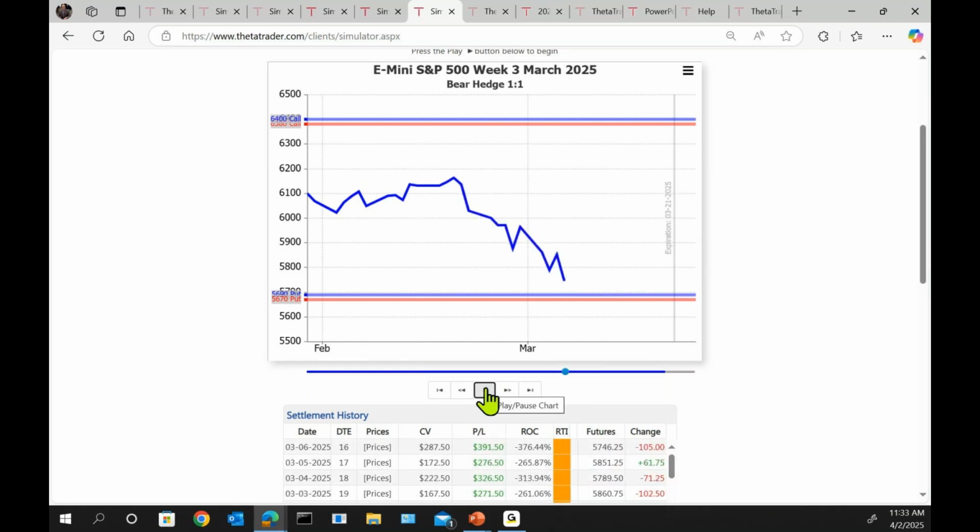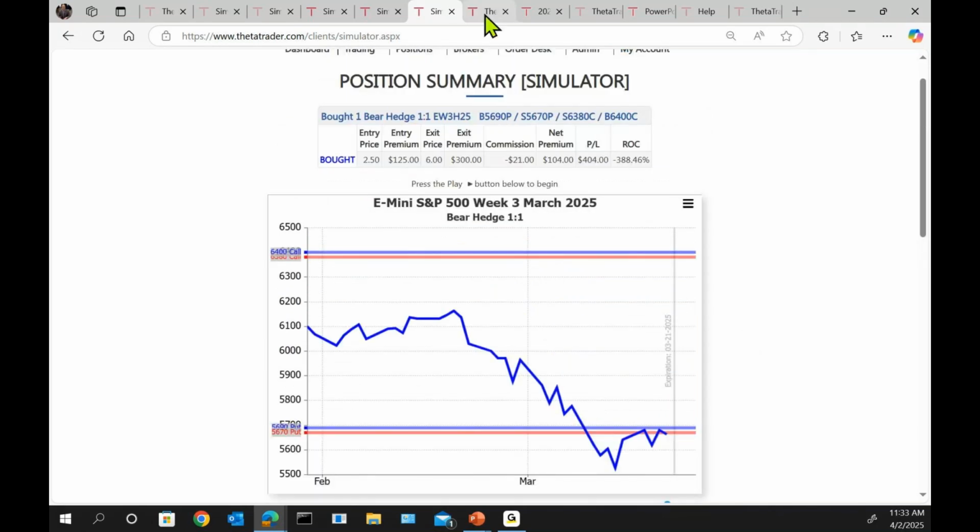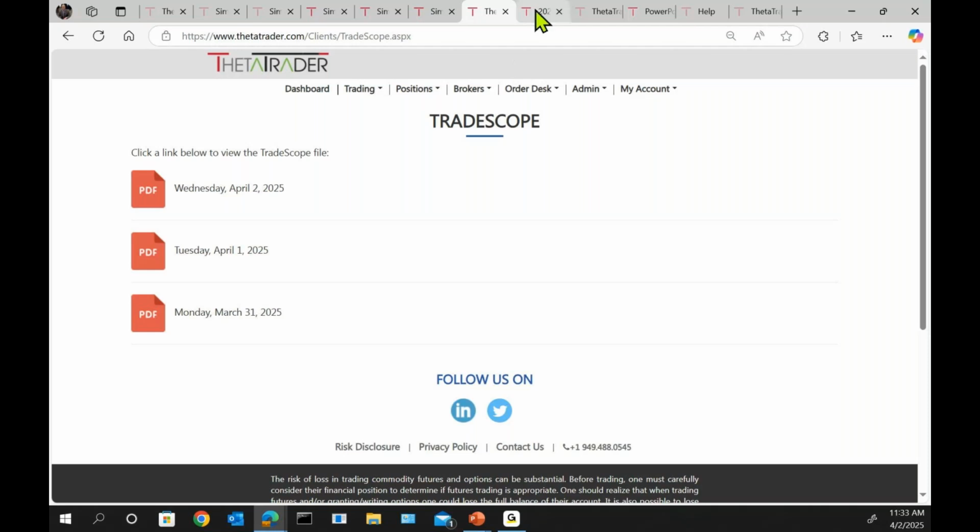I just wanted to point out the result here, where you end up in a really favorable position with this trade because the market did what you wanted it to do. And had it not gone down and just gone sideways and everything expired, you probably still would have ended up with very little loss, because I don't think you would have had to have a lot of money to make that trade initially.